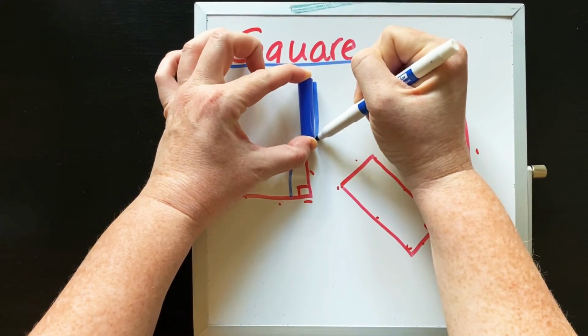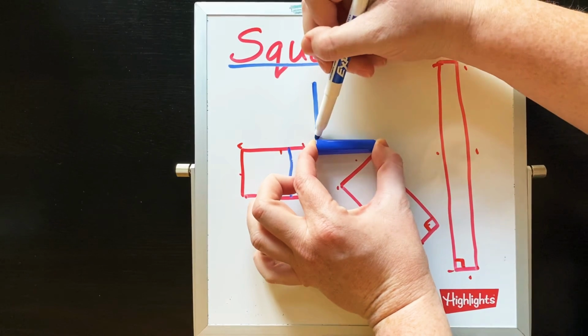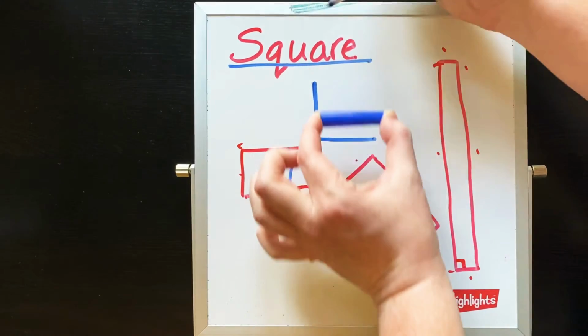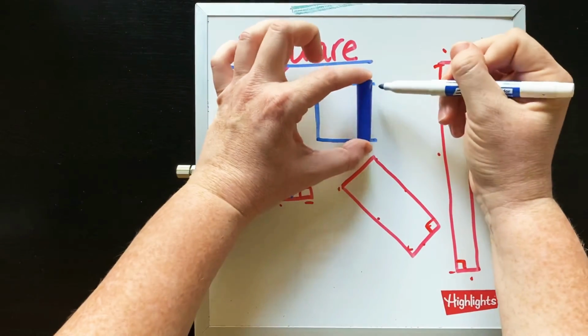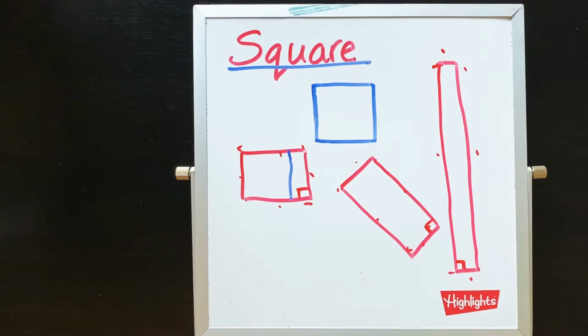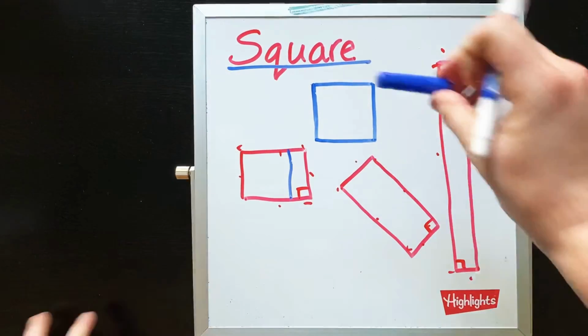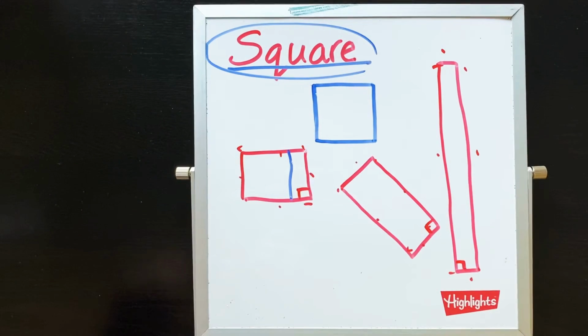I'll go the length of the cap, and then this way, I'm going to start on one side and go along the length of the cap. And then make sure, yep, that should match up too. And now I have a square. So you see how perfectly all the sides are the same length. So that's what makes a square different from a rectangle.